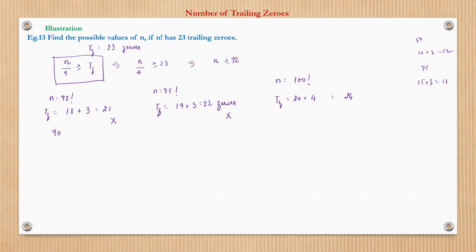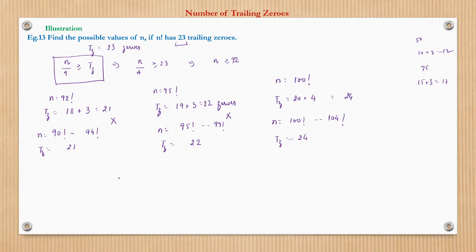For n equal to 90 factorial to 94 factorial, the trailing zeros are 21. For n equal to 95 factorial till 99 factorial, trailing zeros are 22, and for n equal to 100 factorial till 104 factorial, trailing zeros would be 24, right?